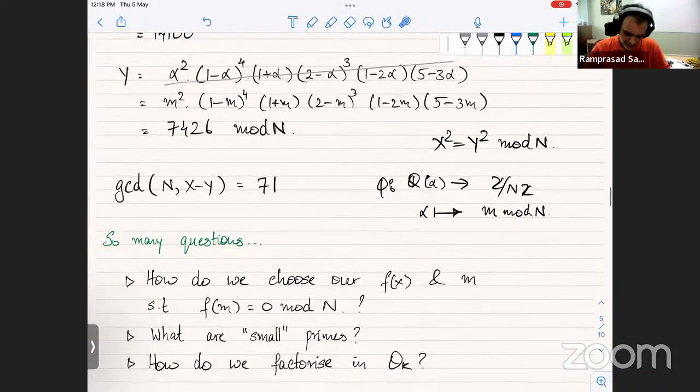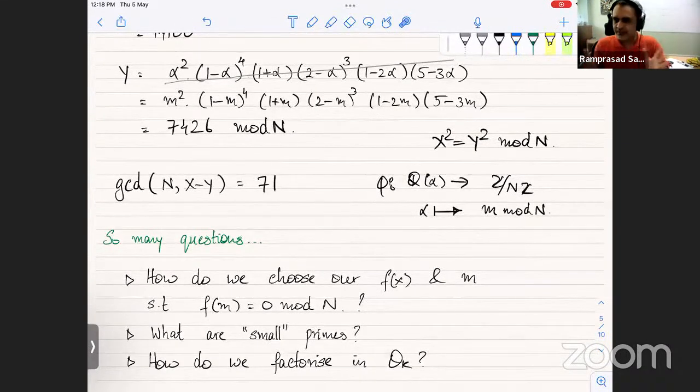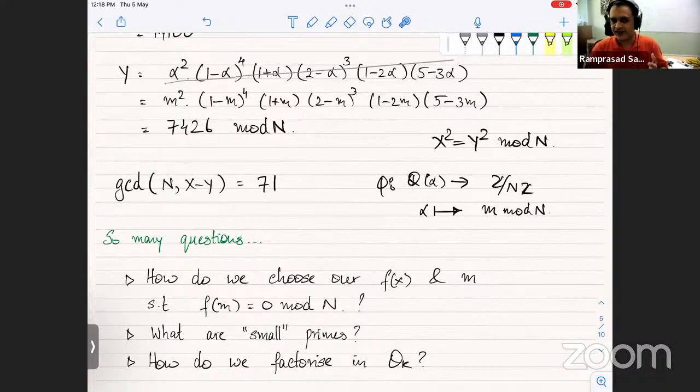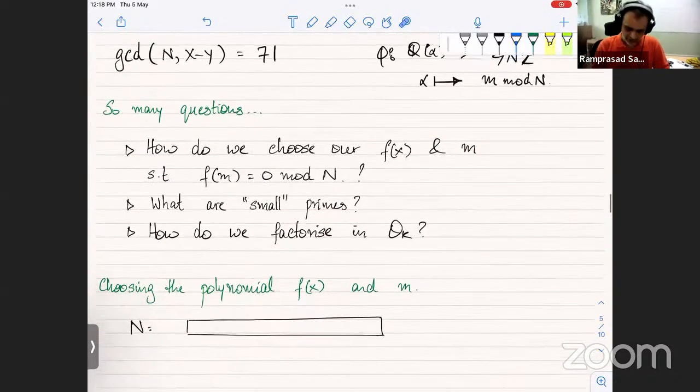So I'm going to give you some hints as to how to do each of these steps. Actually, the first step is not hard at all. It feels like these polynomials came out of nowhere, but we're going to choose f(x) and m such that I know for a fact f(m) is equal to 0 mod n.